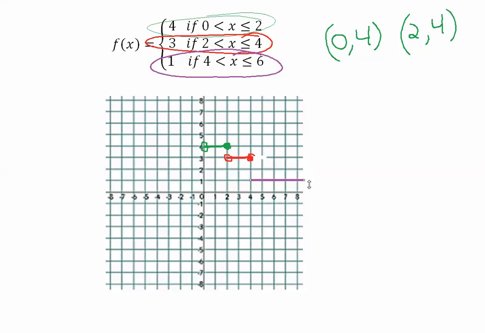So that's going to be from 4 to 6. And then include my open dot on the left. And then a solid dot right here. Okay. It's kind of hard to be really accurate on a computer like that, but this is more or less your step function for this problem right here.